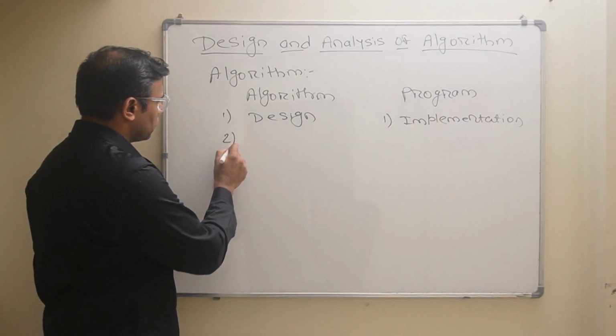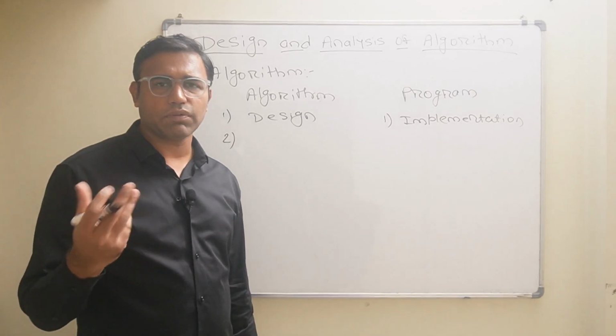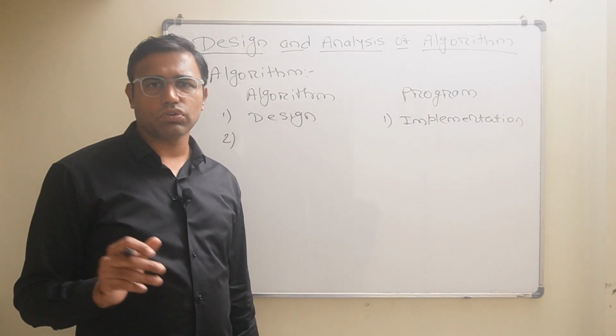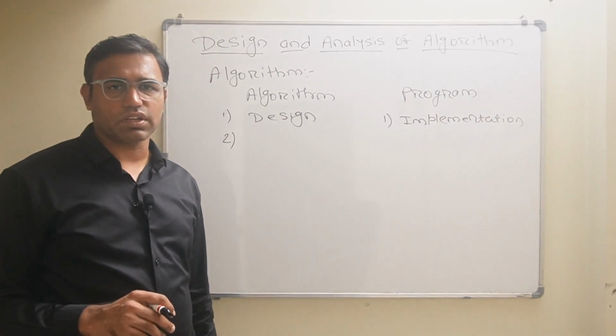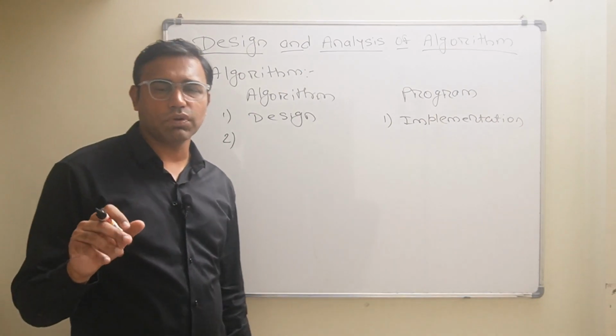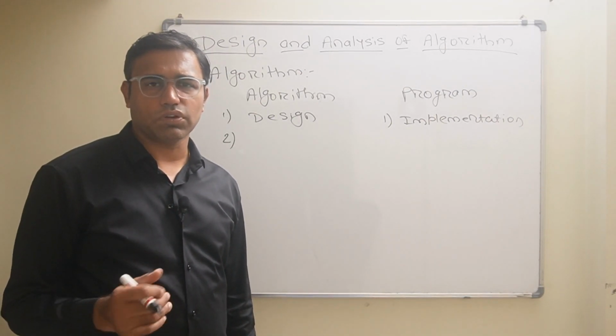Next, whenever you write the algorithm, you must have domain knowledge. Suppose you want to implement a banking application, you must have domain knowledge of banking. If you want to implement a program for the insurance sector, then you must have knowledge of that domain. Or if you want to implement a program for logistics, then you must have domain knowledge about logistics.